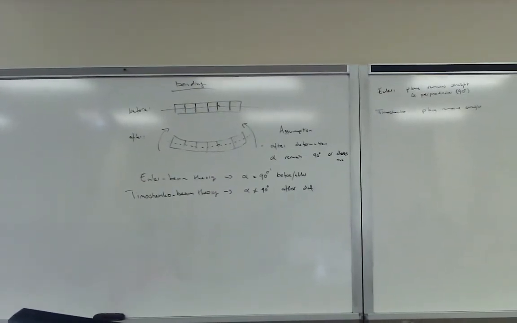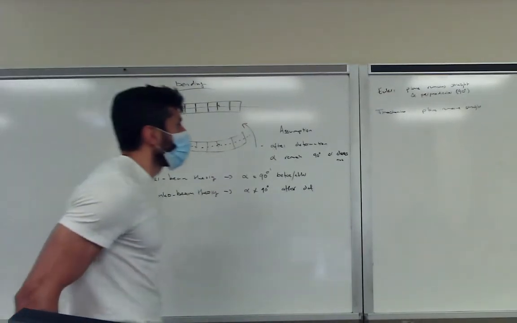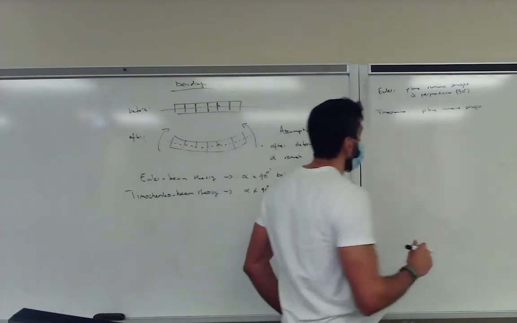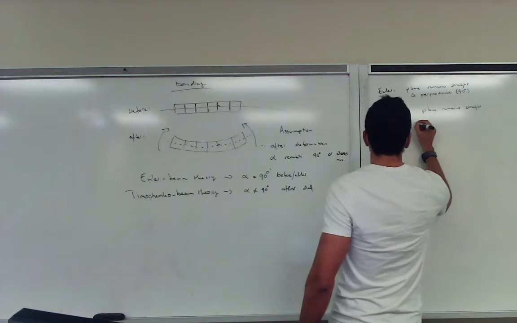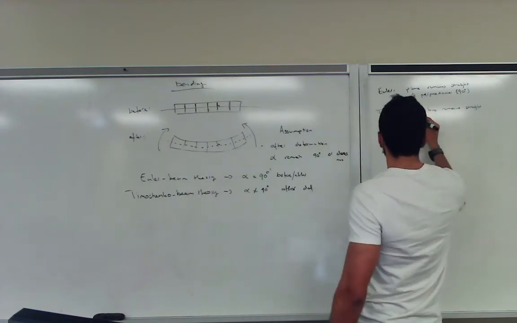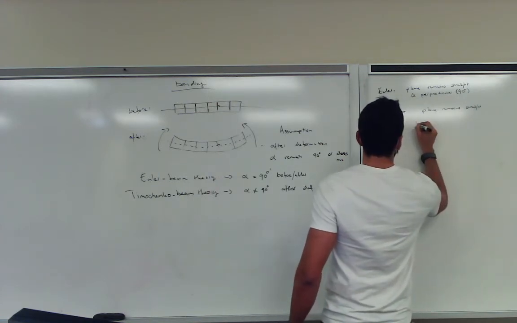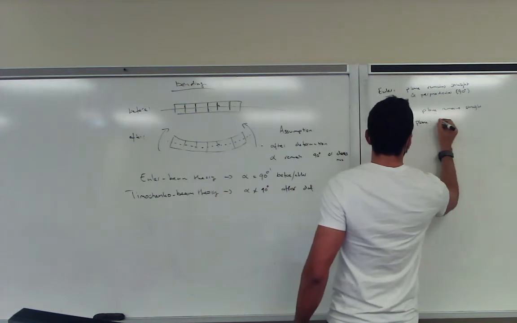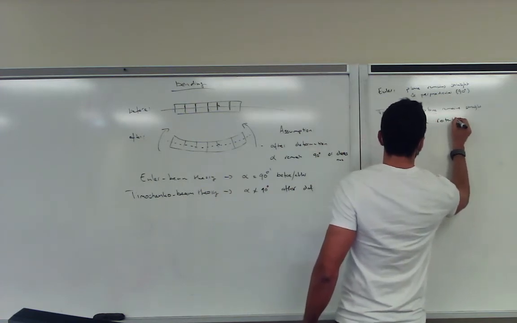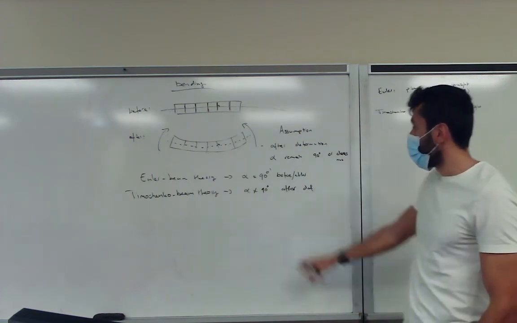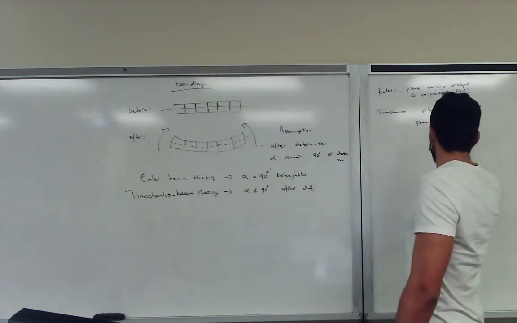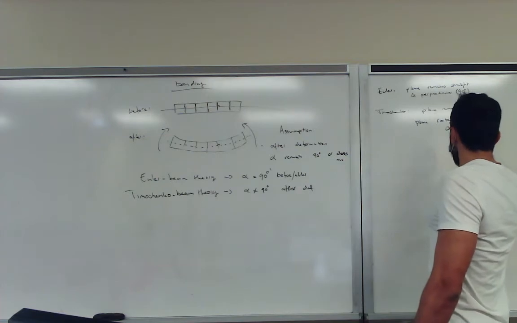Okay, try to write a bit bigger. So the plane remains straight, but the angle rotates. So the plane rotates a bit. That means that this angle alpha is no longer 90 degrees.